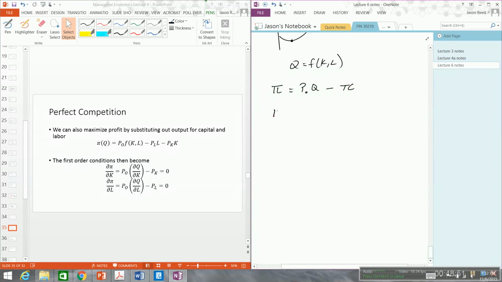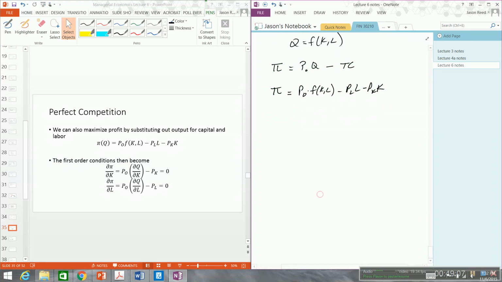So what we could do is plug in the values that we know, that profit is going to be equal to P sub naught times F of K and L, minus total cost, which is going to be P sub L, L plus P sub K, K, so that we can find these first order conditions for ourselves.